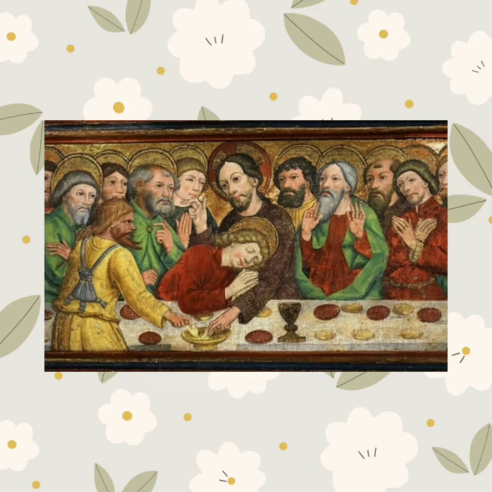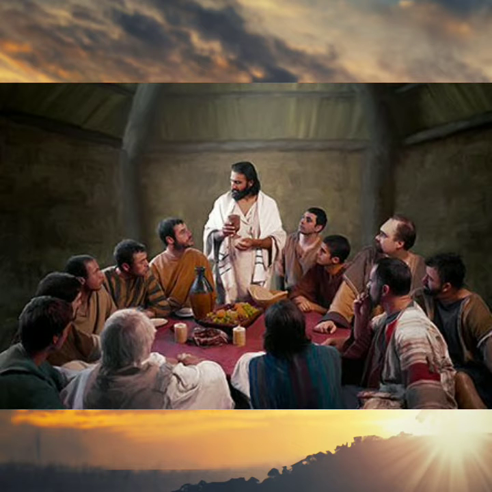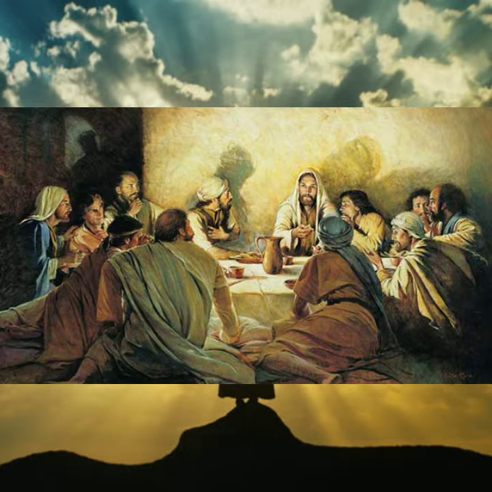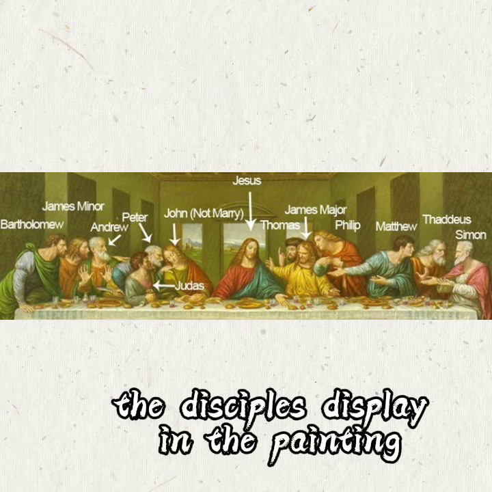As they ate and drank together, Christ gave the disciples explicit instructions on how to eat and drink in the future, in remembrance of him. After Jesus tells them that one disciple will betray him, the disciples react as displayed in the painting.